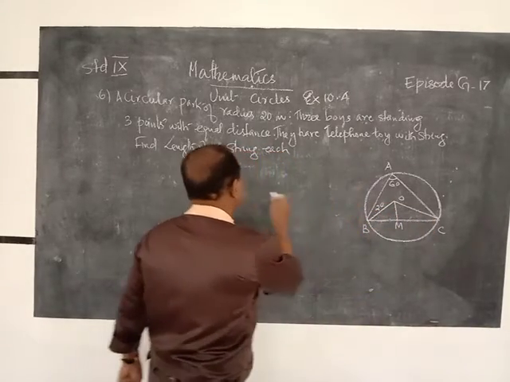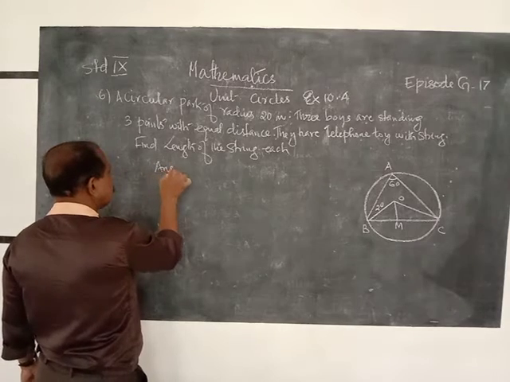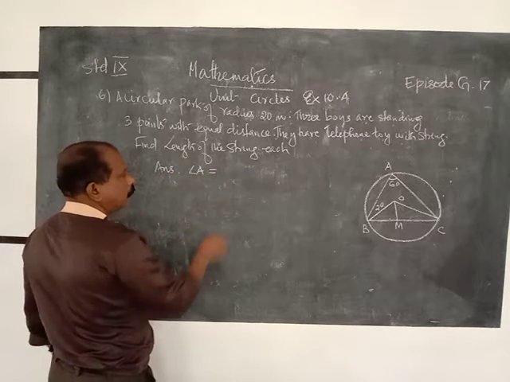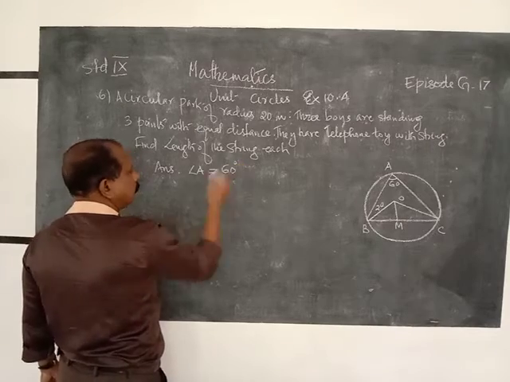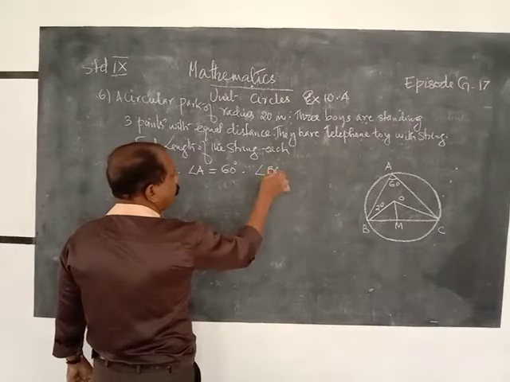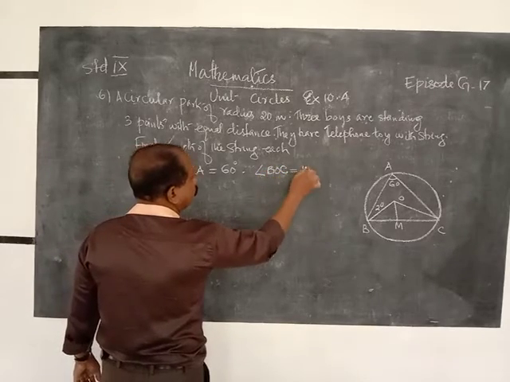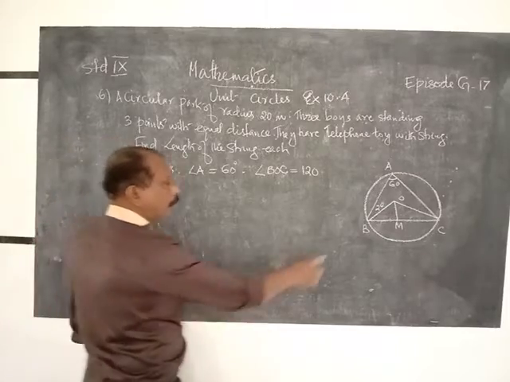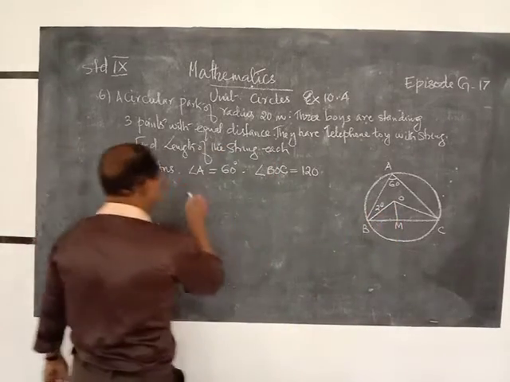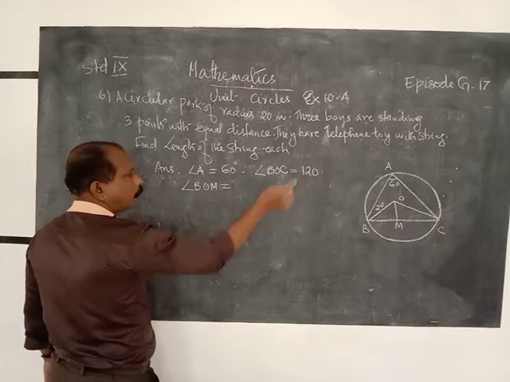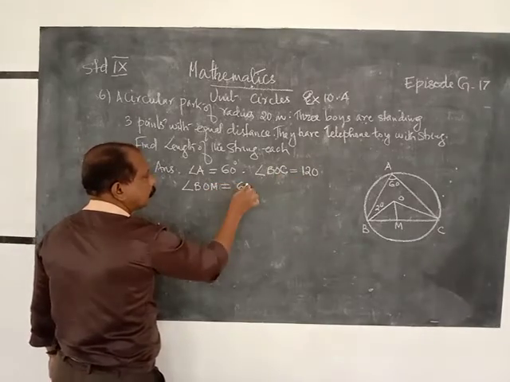Therefore, we know that angle A is equal to 60 degrees. Therefore, angle BOC is equal to twice of that one. That is the central angle, 120 degrees. Therefore, angle BOM is equal to 120/2, that is 60 degrees.